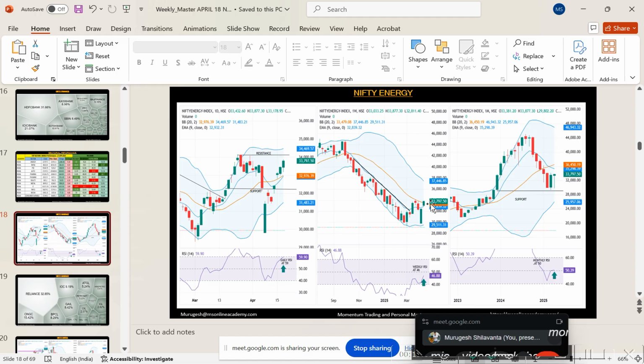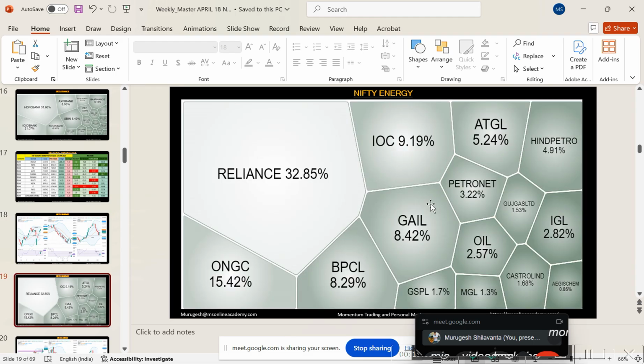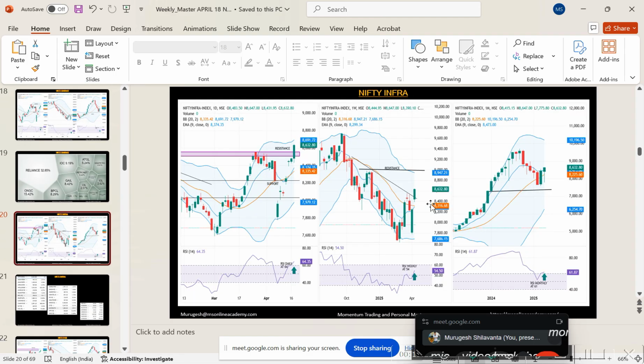So you can go back and check the energy sector stocks, and wherever we have proper risk management and bottom out support at 40, we can start accumulating those stocks. Okay, Nifty Infra, similar to energy.